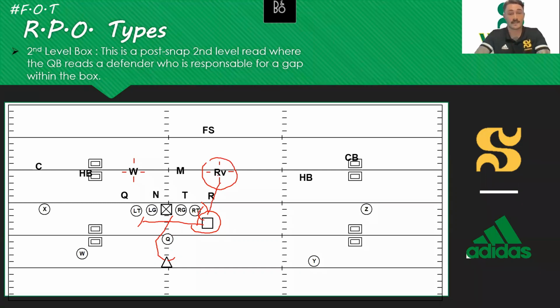If he's going to get himself really hard into the box right here, now you have a numerical disadvantage within that run scheme. You can tell your quarterback to read this guy, pull the ball, and throw whatever concept you are looking to throw.